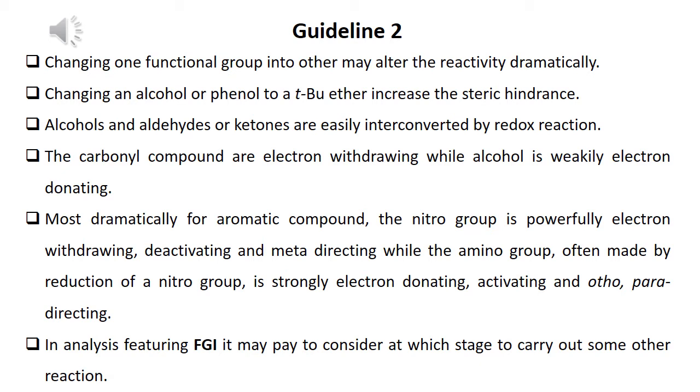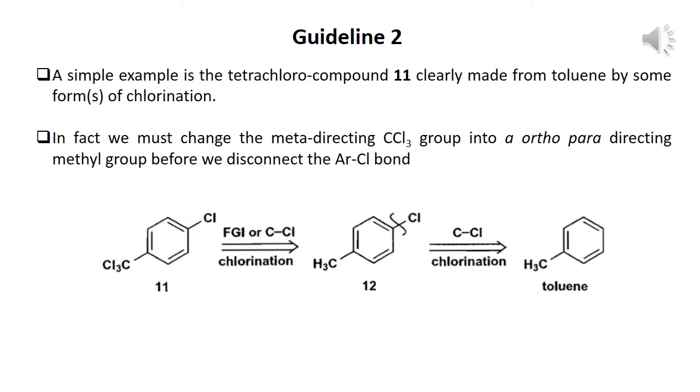So in analysis featuring FGI, it may pay to consider at which stage to carry out some other reactions. So in FGI we shall have to see at which stage we have to convert the functional group. A simple example is the tetrachloro compound 11 that is clearly made from toluene by some form of chlorination.